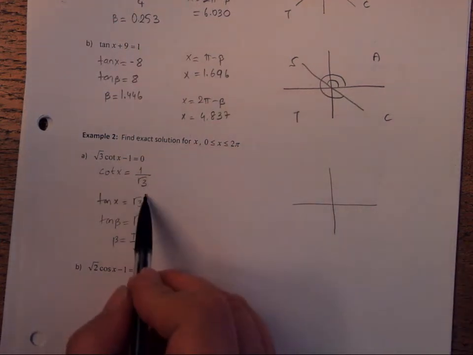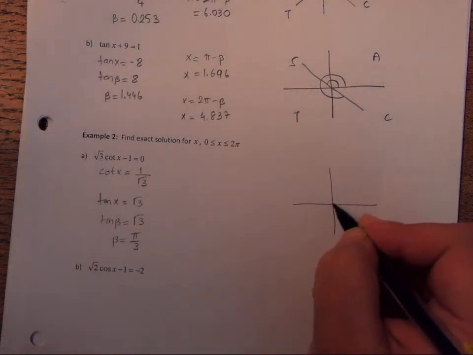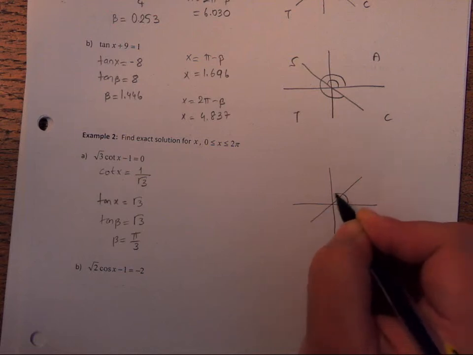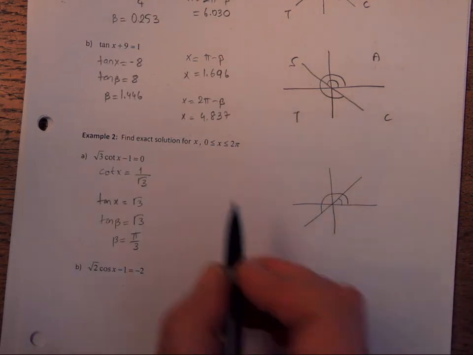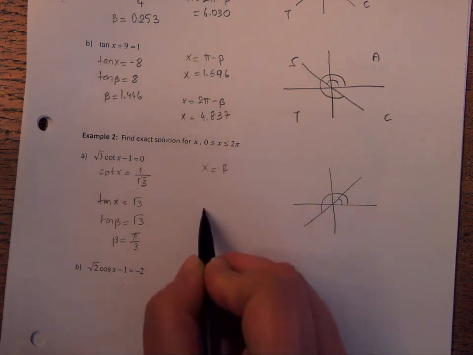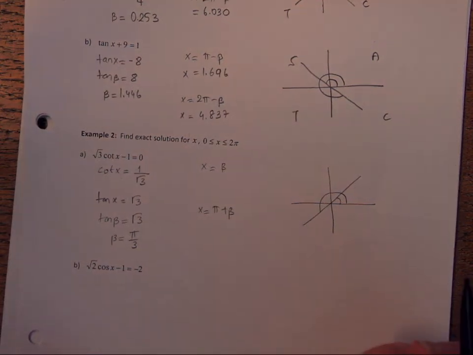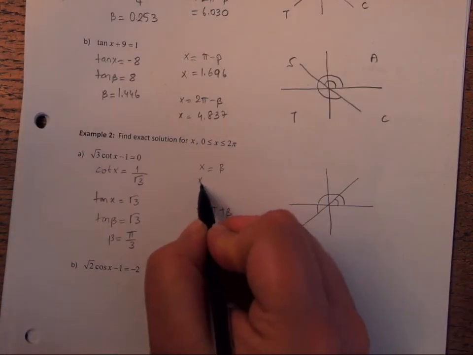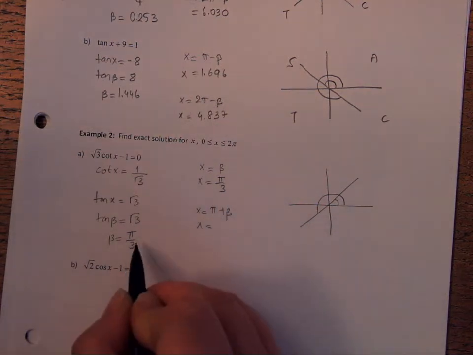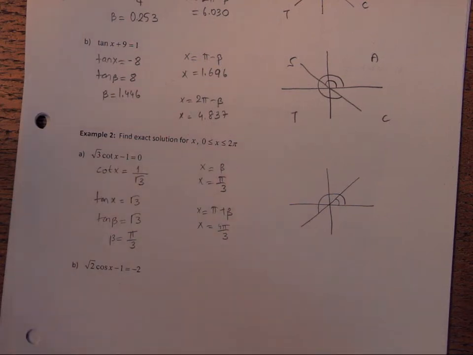We are looking for where tangent is positive. Tangent is positive in quadrant 1 and quadrant 3. So one of them is x equals beta, and the other one is pi plus beta. Then one of them is pi over 3, and the other one is pi plus pi over 3, which is 4 pi over 3.